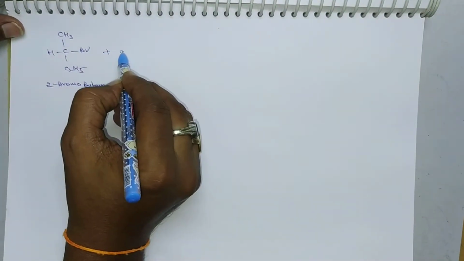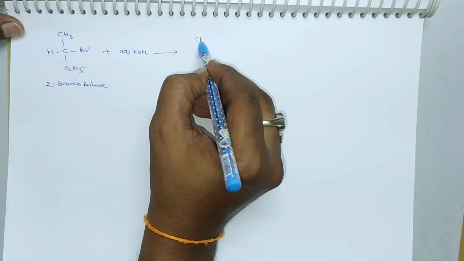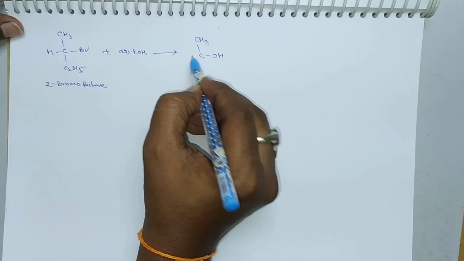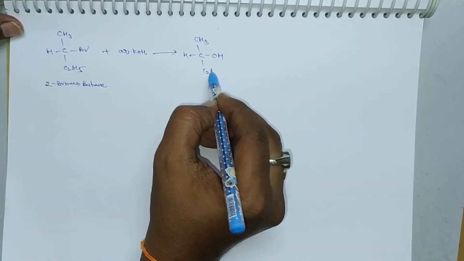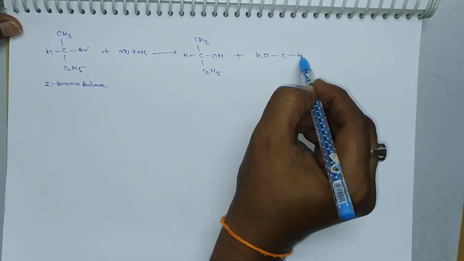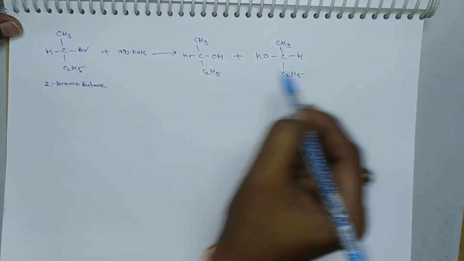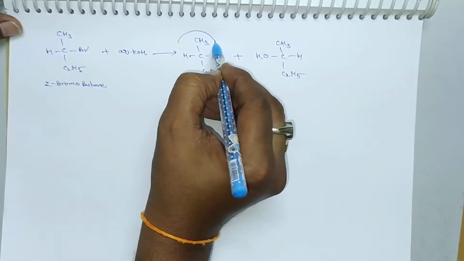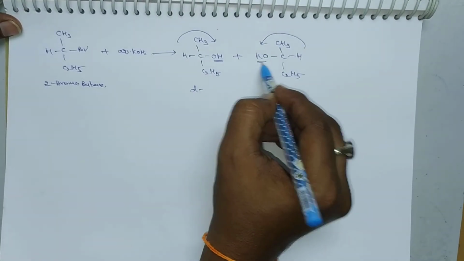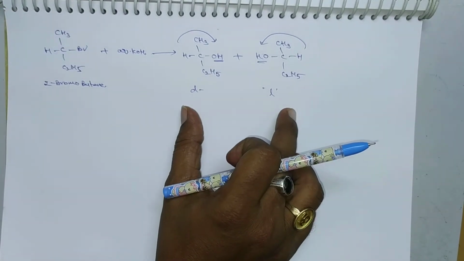So when it is treated with aqueous KOH, we get a substitution reaction, that is, OH is substituted at the place of bromine. Here we get two isomers, like this. Here OH is present at the right hand side, so it forms the D compound. Here OH is present at the left hand side, that is the L compound. So the mixture of D and L isomers is observed.